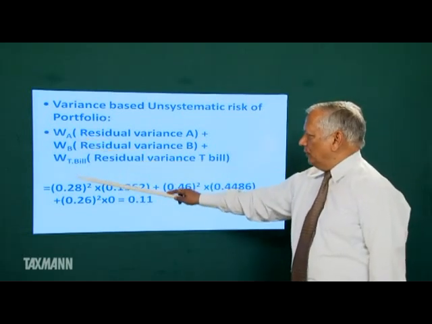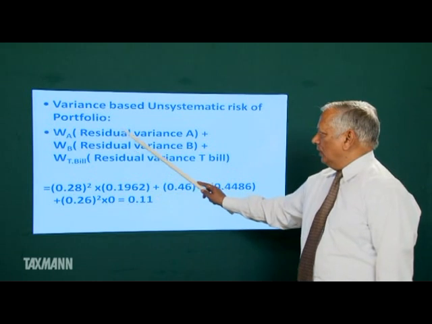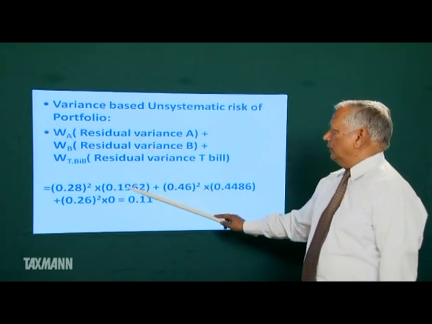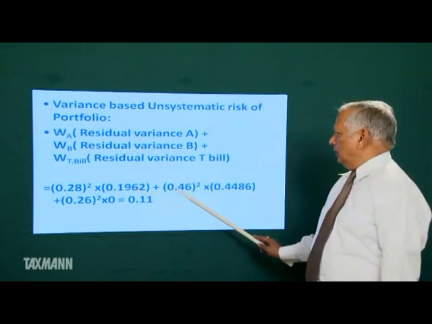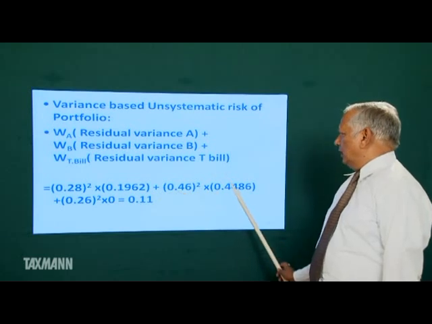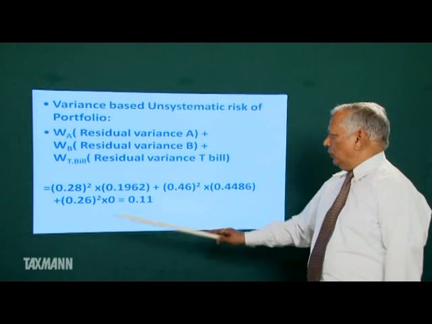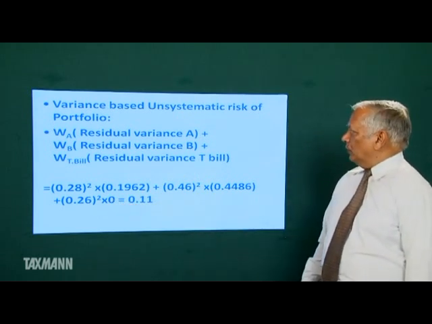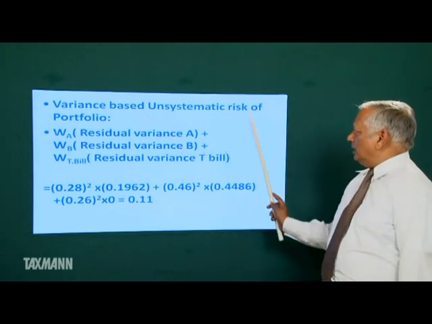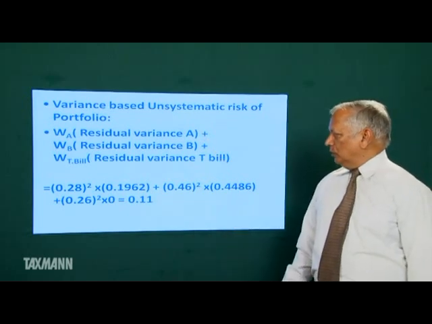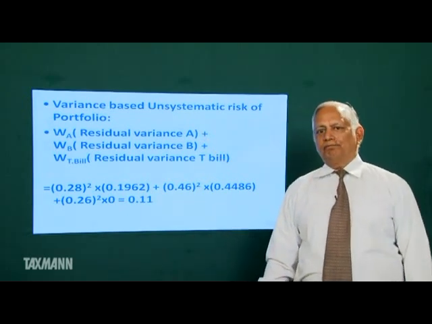So W1 is 0.28 square. Residual variance we have just now calculated. This is W2, this is residual variance of B, this is W3, and its residual variance is 0 as it is a risk-free security. So variance based unsystematic risk of portfolio is equal to 0.11.